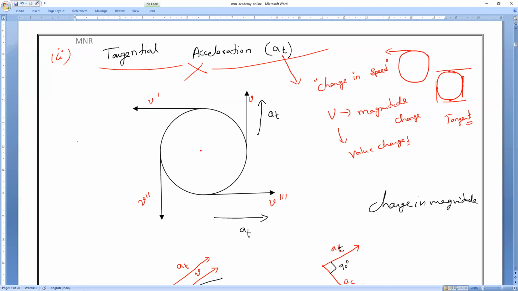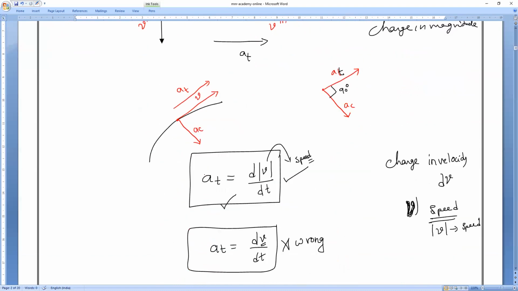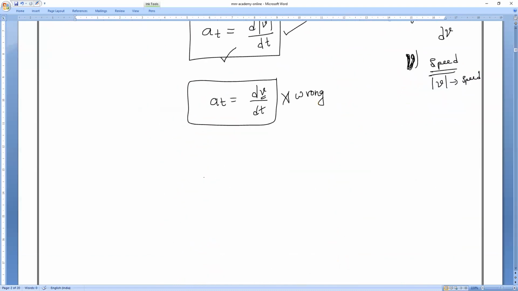Now, let us see. If I say speed is constant, can you tell me what the tangential acceleration is and what the centripetal acceleration is? If the speed of a body remains constant in a circular track, the acceleration cannot be zero at all. If a body is in circular motion, some acceleration is always acting.